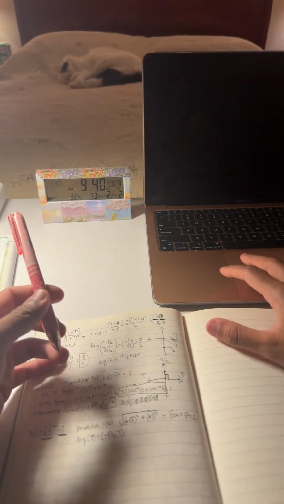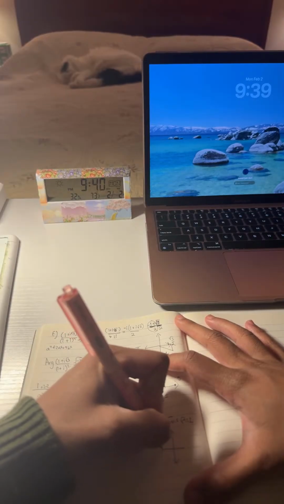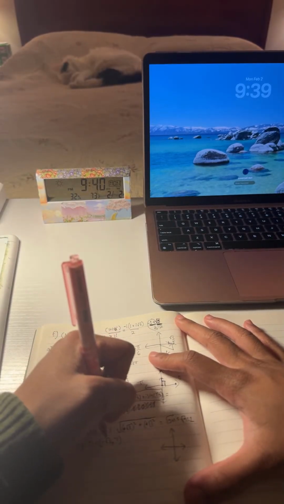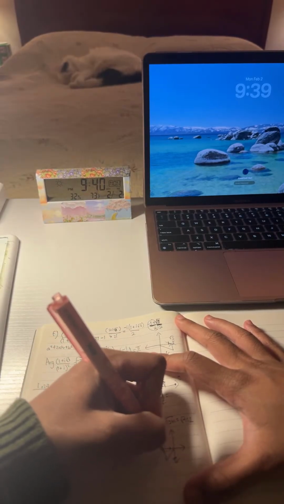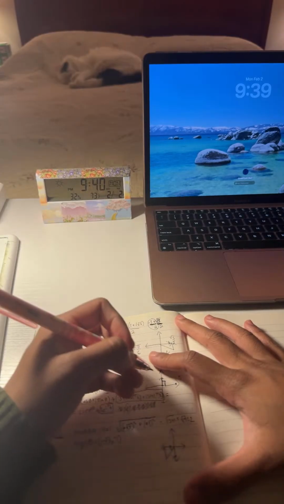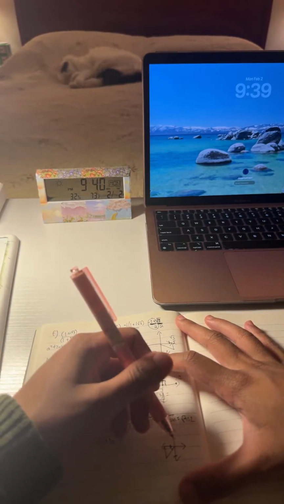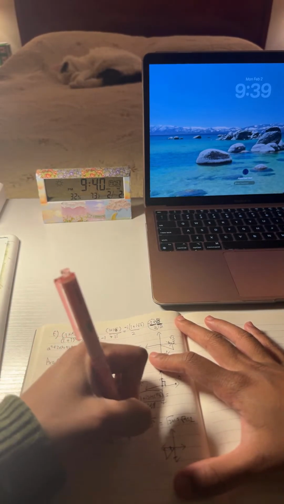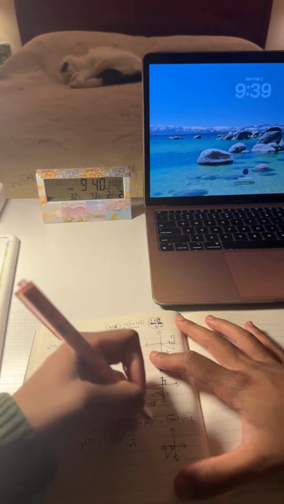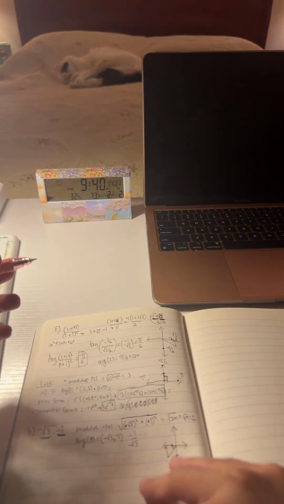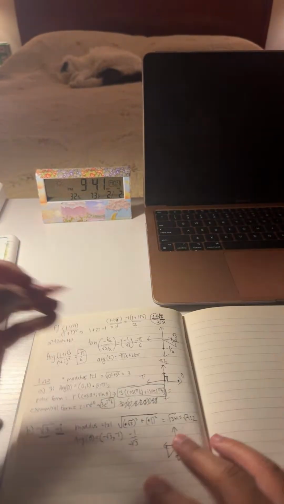On the graph, negative root 3 would be on this side, negative 1 would be down here. That's what the triangle is going to look like. The opposite would be the y part. So then negative 1 over negative root 3. So for tangent, that would be pi over 6.